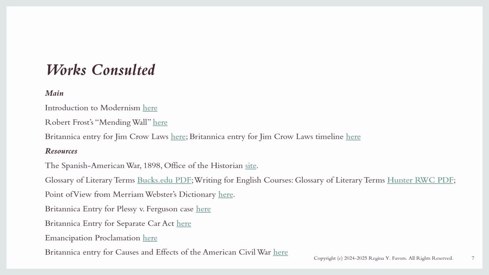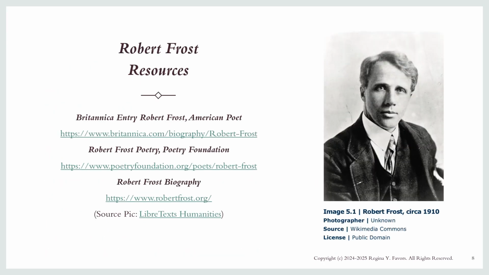Ferguson, Separate Car Act, Emancipation Proclamation, and then the causes and effects of the American Civil War. So sometimes we may have to remember certain particular aspects of a historical event, especially if it applies to what's going on in a literary work.